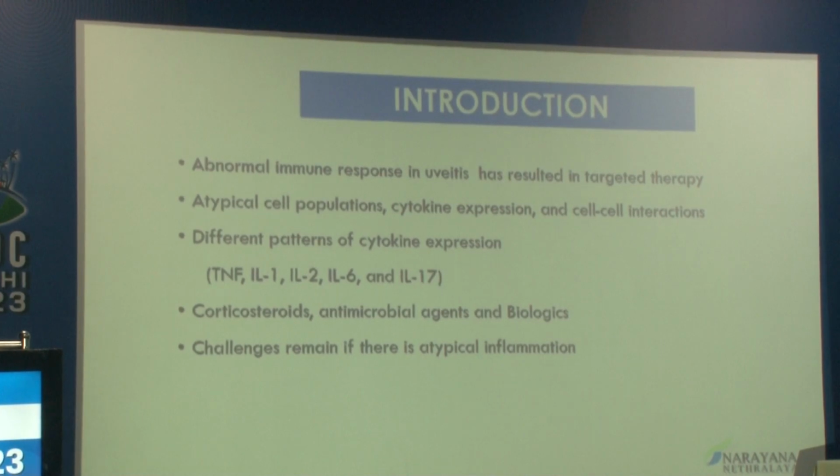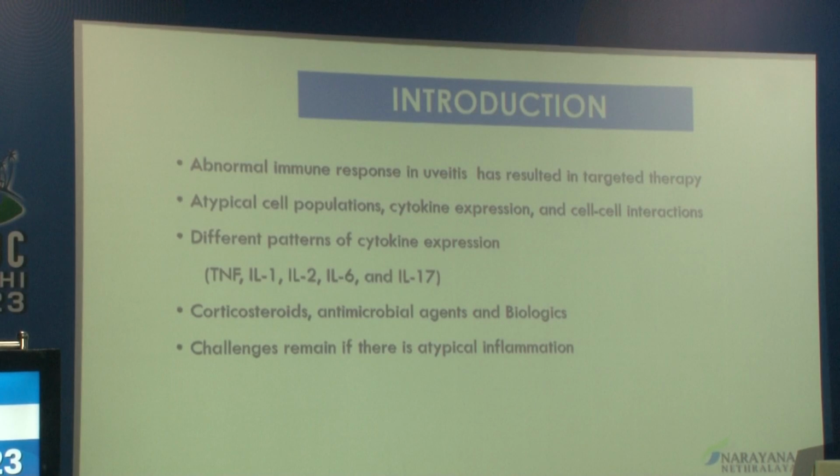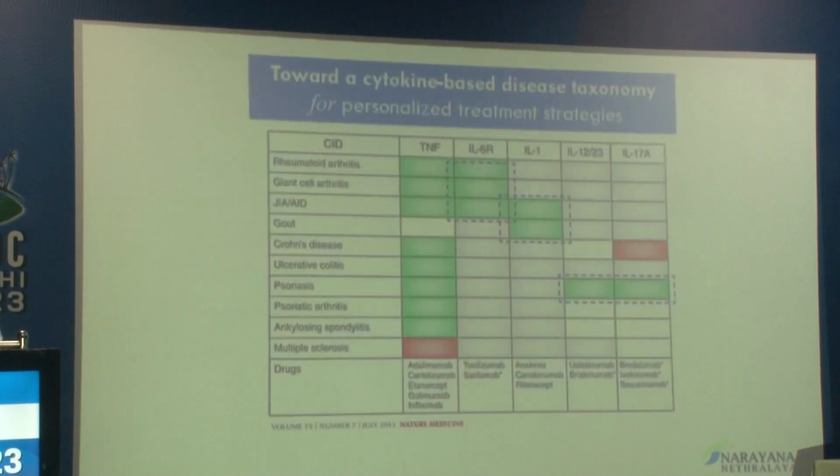Different patterns of cytokine expression are seen, which can be TNF alpha, IL-1, IL-2, IL-6, and 17. There is already a cytokine-based disease taxonomy for personalized treatment strategies in most systemic diseases like rheumatoid arthritis, giant cell arteritis, psoriatic arthritis, and ankylosing spondylitis.